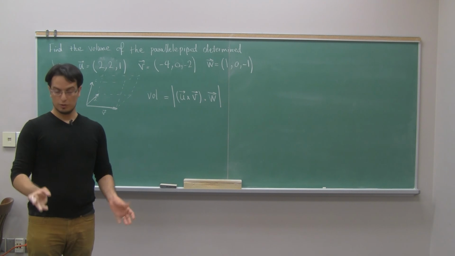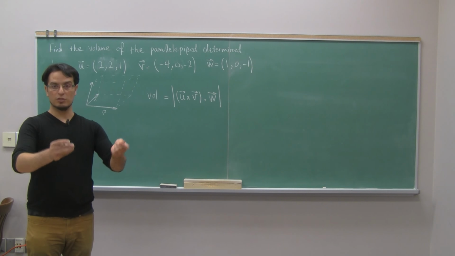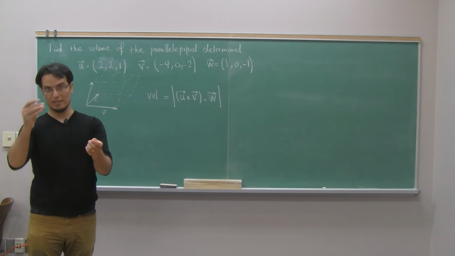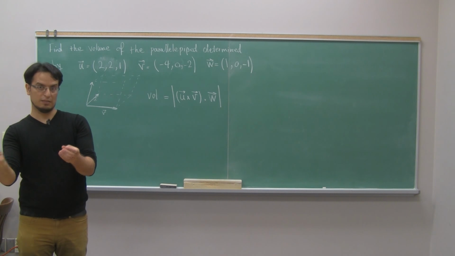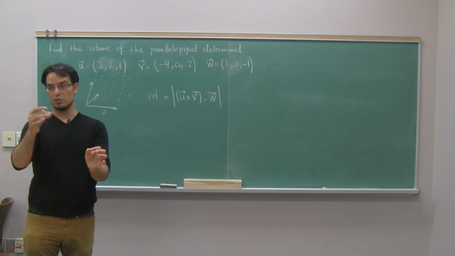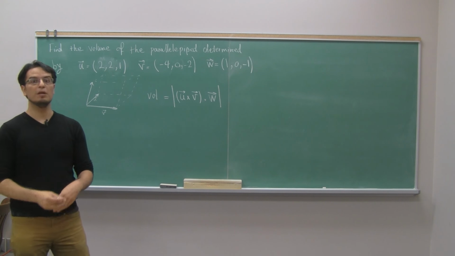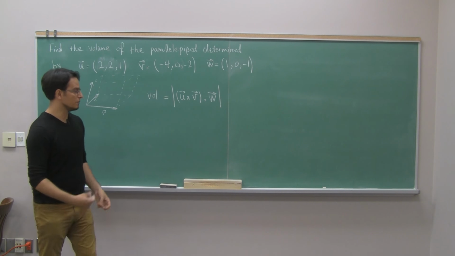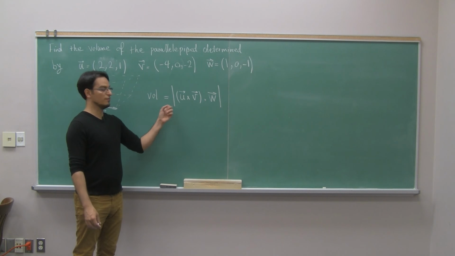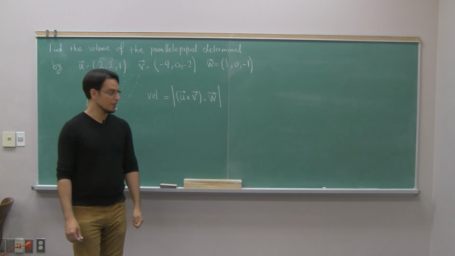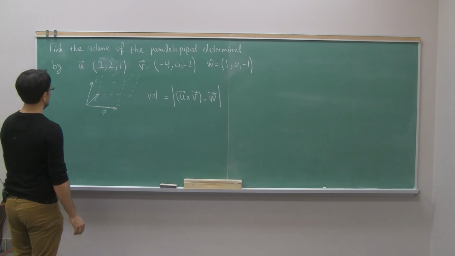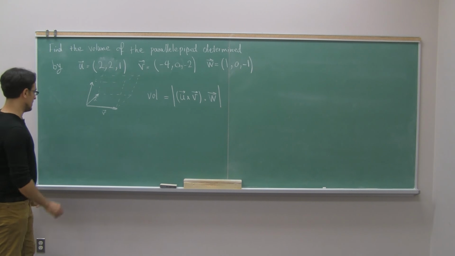So pick two of the vectors, cross them, then dot that cross product with the third vector. Then you get a number, but you have to make sure it's positive, so we find its absolute value. So let's do this for this specific example.